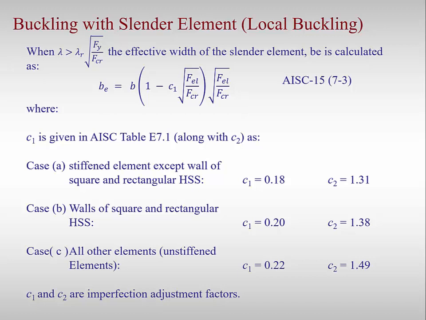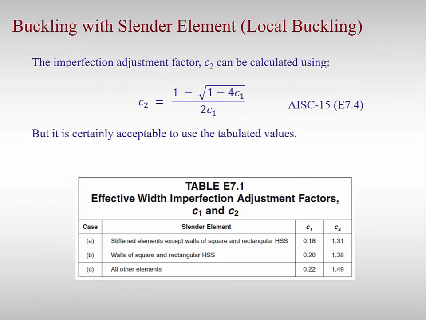The magnitude of the effective width imperfection adjustment factors, C sub 1 and C sub 2, are dependent on the type of shape as shown in this slide and are given in AISC table E7.1, which is given in the next slide. This slide shows the formula used to calculate C sub 2, which is a function of the value of C sub 1.